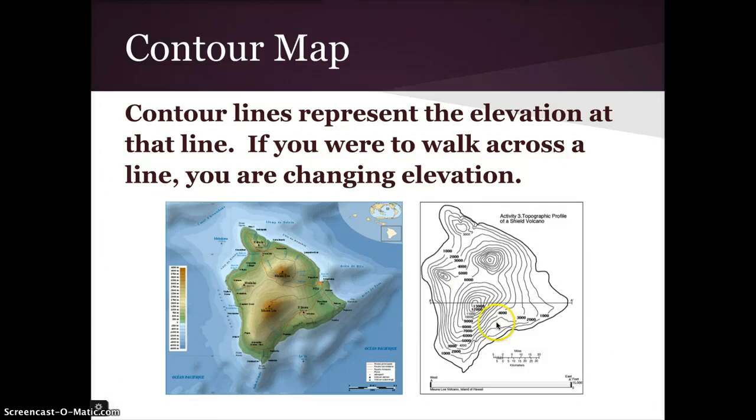So this map will show you that down here, this first contour line is 1,000 feet above sea level. Then the next one is 2,000 feet, all the way to the center, which is going to be 13,000 feet above sea level, which means this is a very tall mountain, and here in this area is going to be another very tall mountain.